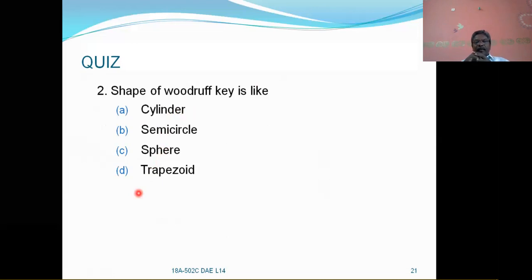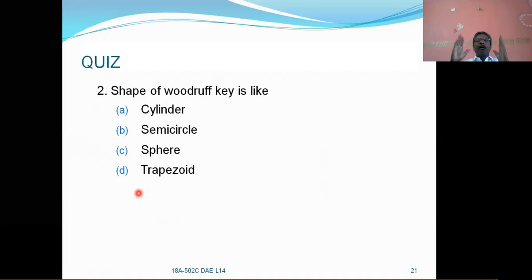And the Woodruff key, we have discussed, is a self-aligned key, and it is used in tapered shafts. And I told you already, this is mainly used in the automobile industry.